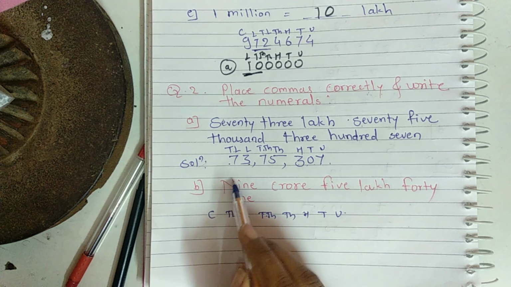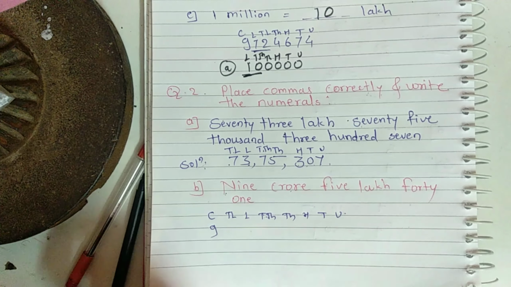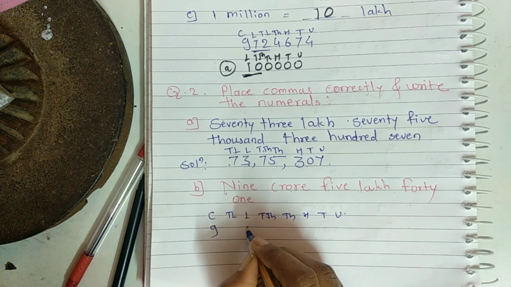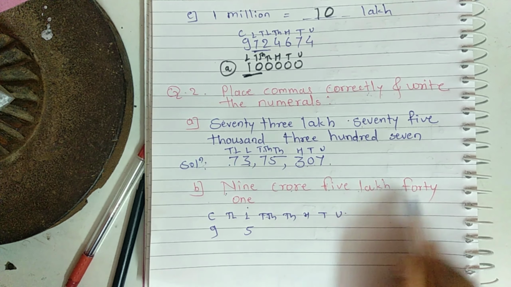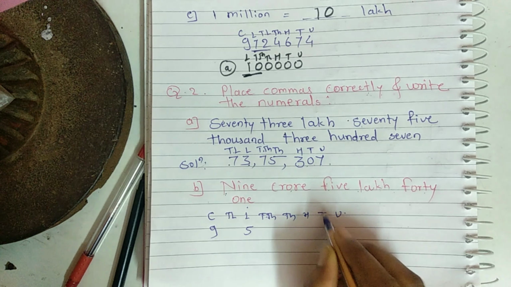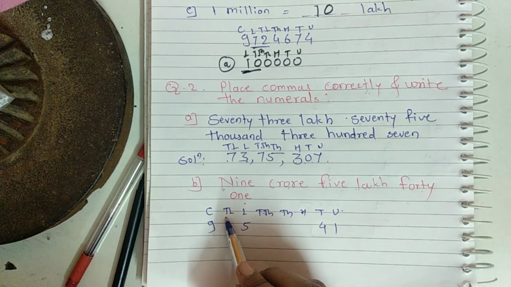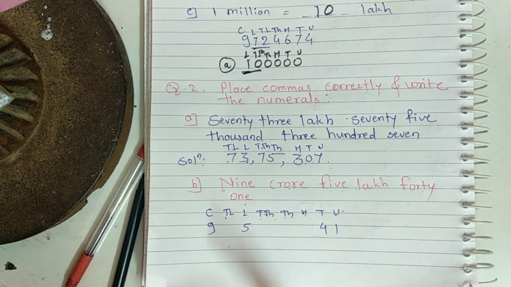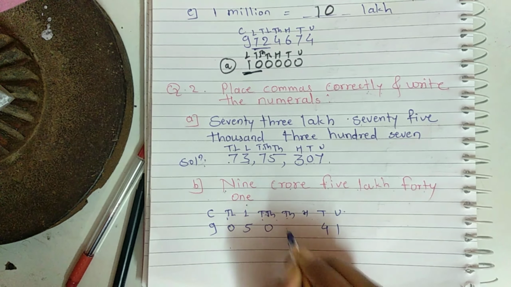Okay, now put here 9 crore 5 lakh 41. For 5 lakh 41, here 10 lakh is absent, 10,000, 1000 and 100 also absent, so put the zeros.